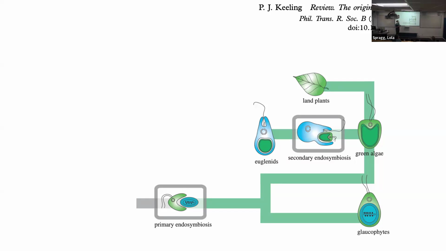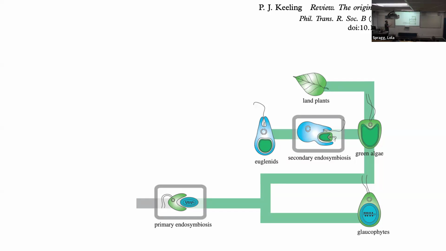What has since happened in eukaryote evolution is that you have heterotrophic protists, microbial eukaryotes that have eaten algae and then retain the chloroplasts of the algae they've eaten. So this is secondary endosymbiosis, because they didn't get the plastid directly from a cyanobacterium. They got it from another eukaryote that had acquired it from a cyanobacterium.